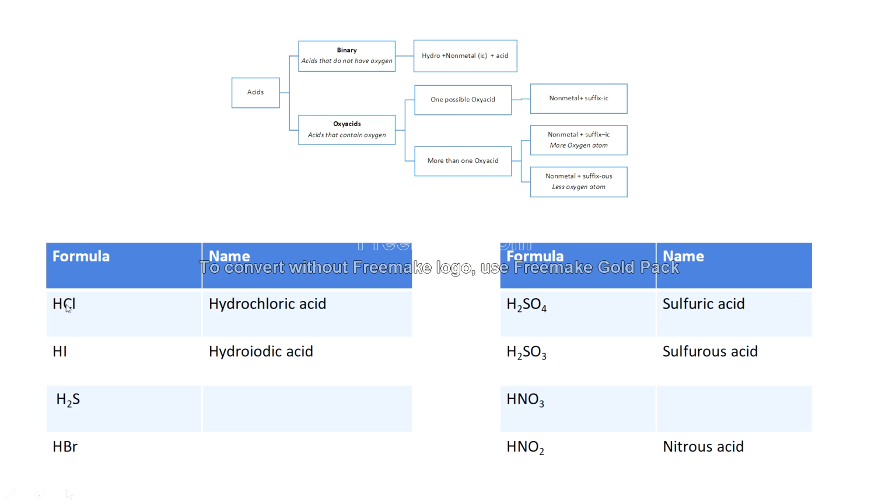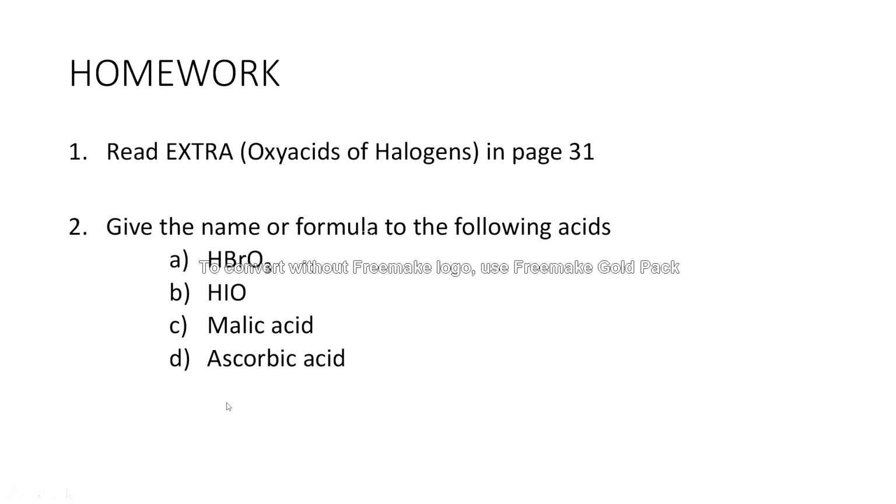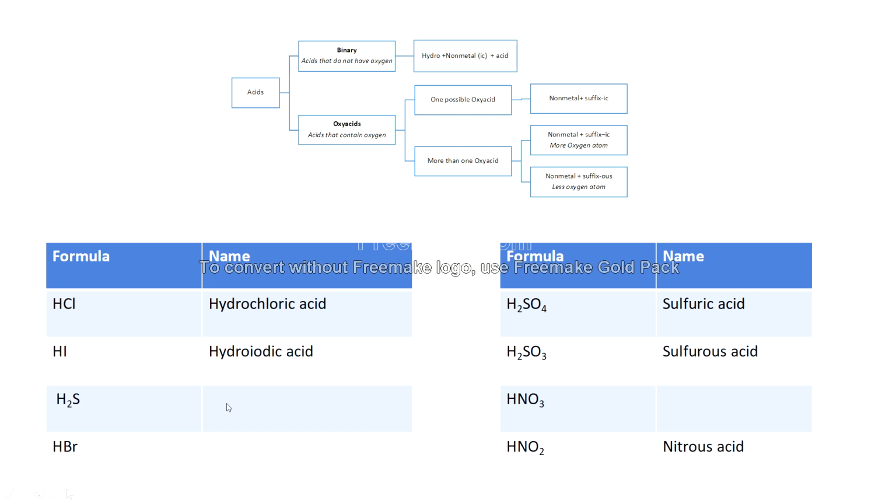I think we can try to do the third one. That is still a binary acid, there's no oxygen, so we start with hydro. And then what is the name of the non-metal? That is sulfur, then hydro, then acid. Let me just try to write that.